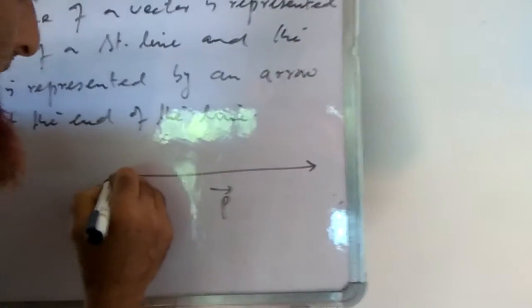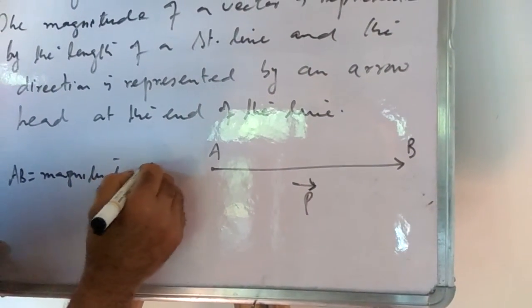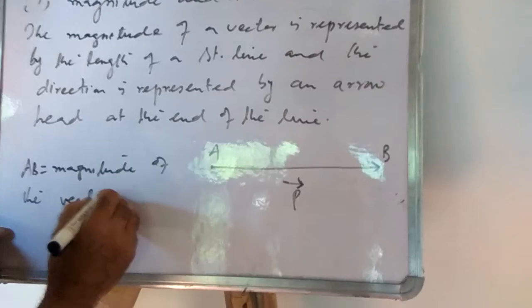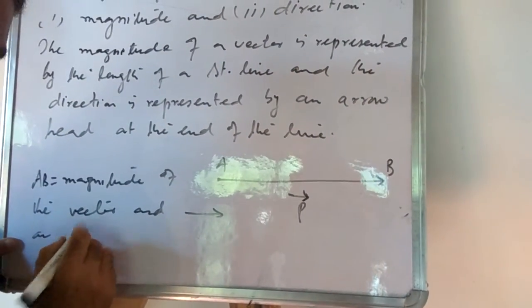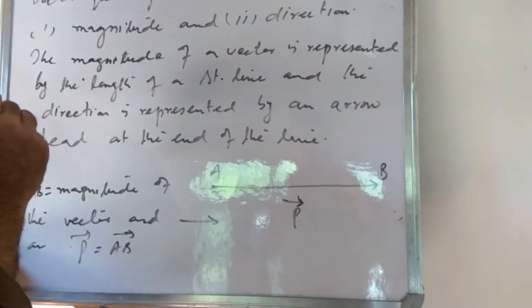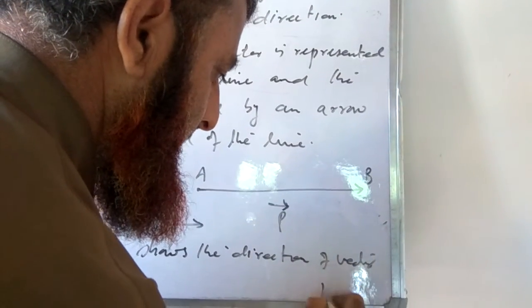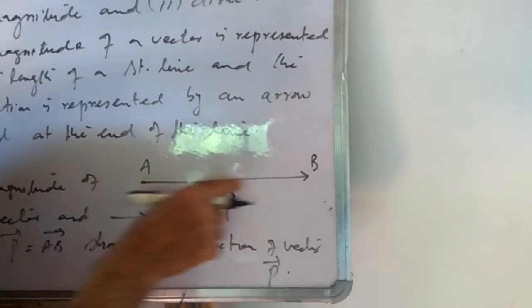Look here, for example, dear students, here we represent a vector P with points A and B. Here the magnitude AB is the magnitude of the vector, and the arrow on AB shows the direction of vector P. This magnitude is the length of the straight line, but not on a scale.